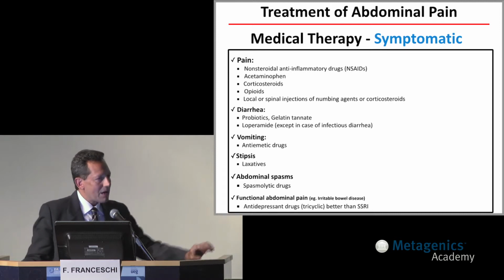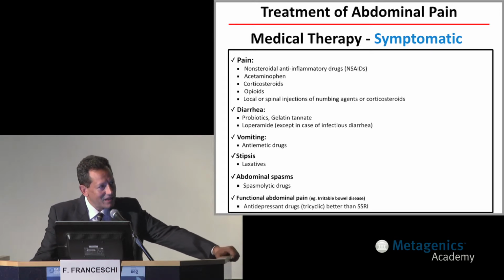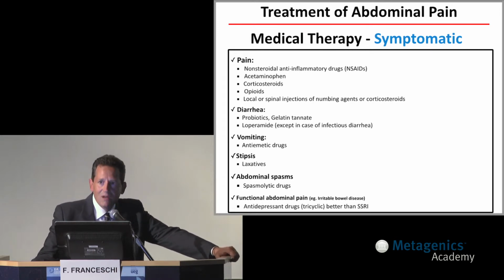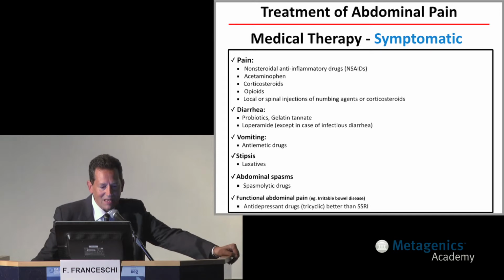Because when we see a patient, especially in the emergency setting, with abdominal pain, we also have to consider analgesic therapy, because based on the World Health Organization guidelines, if a patient inside the hospital has pain on a 0 to 10 scale above 3, we have to treat pain.